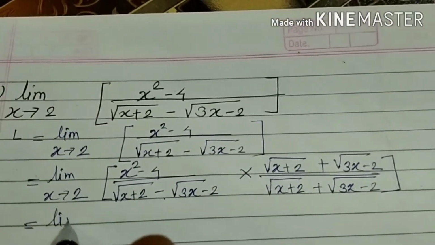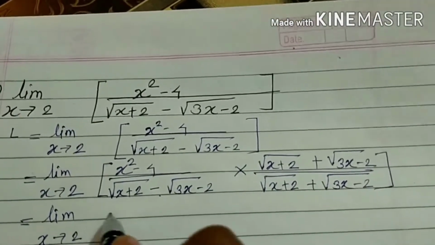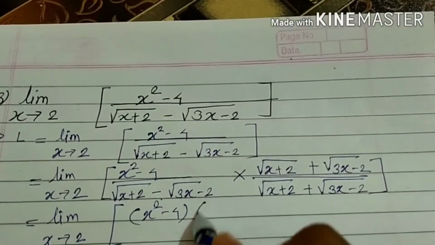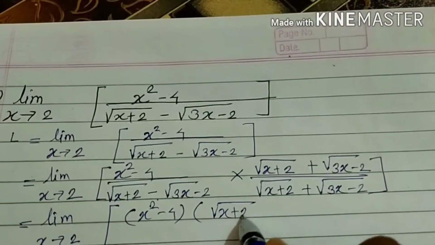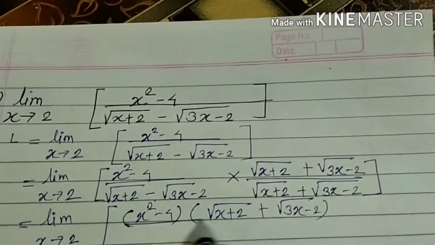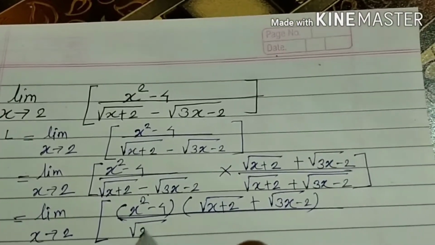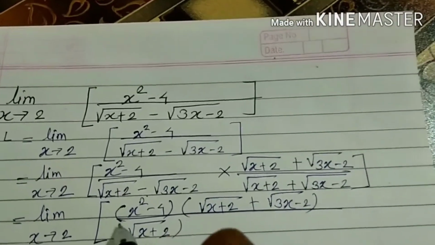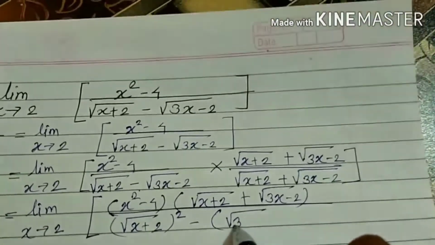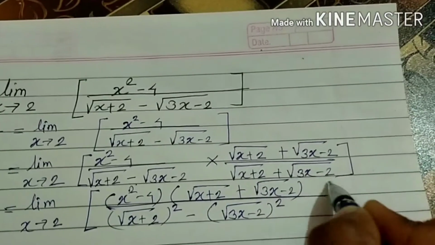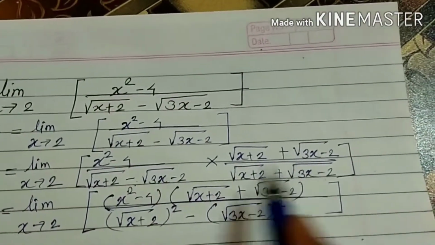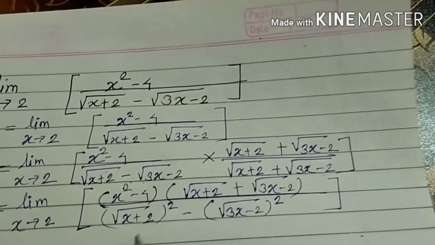So here limit x tends to 2, and now the numerator will become the same here in the next bracket because we rationalize the denominator. So you can observe that we take rationalization of the denominator only, and here we use a minus b, a plus b, so it is a square minus b square.